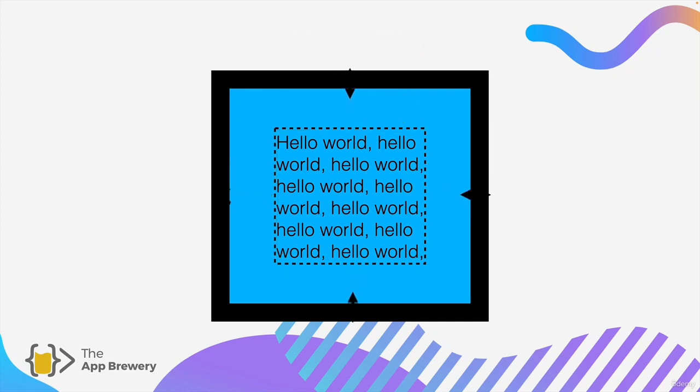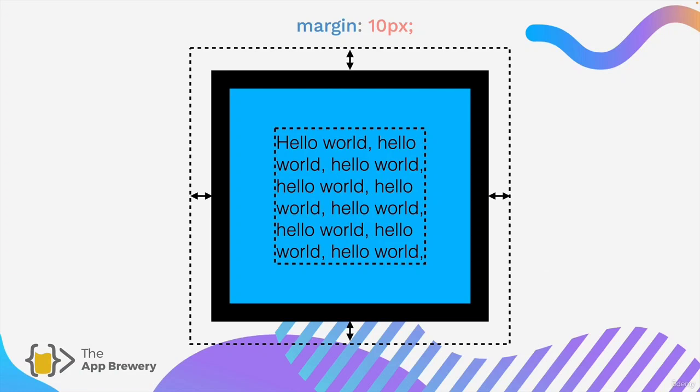In addition to the padding, there's also something known as a margin. And the margin is actually the part that's outside of the border. So here again is the border. In between the border and the width and height of the element is the padding, and the part between the border and any other content that's on screen is the margin.